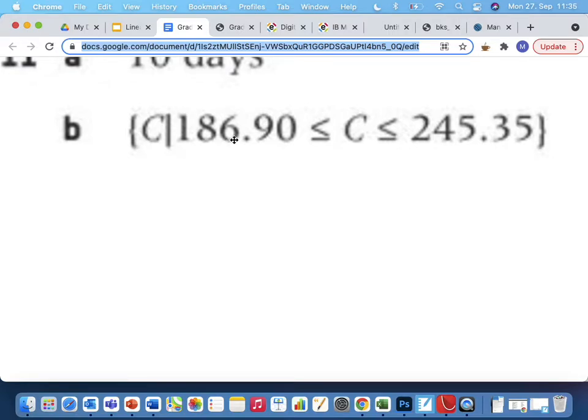All you need is the inequality, 186.90 less than or equal to C, less than or equal to 245.35. And again, 2dp because it's currency. And the majority of currencies around the world have 100 of these to one of those. And this is GB pound, so definitely 100 pence in £1. Okay, so there's the first question. Done.